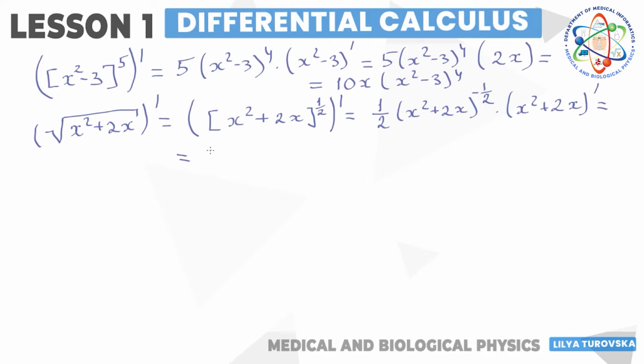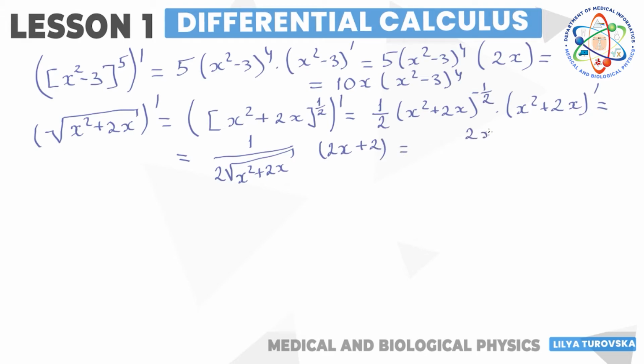And what do we get? Here we can rewrite it a bit. We can move the term x squared plus 2x to the denominator and rewrite it in radical form. We have 1 over 2 square root of x squared plus 2x, and the derivative of x squared plus 2x is 2x plus 2.